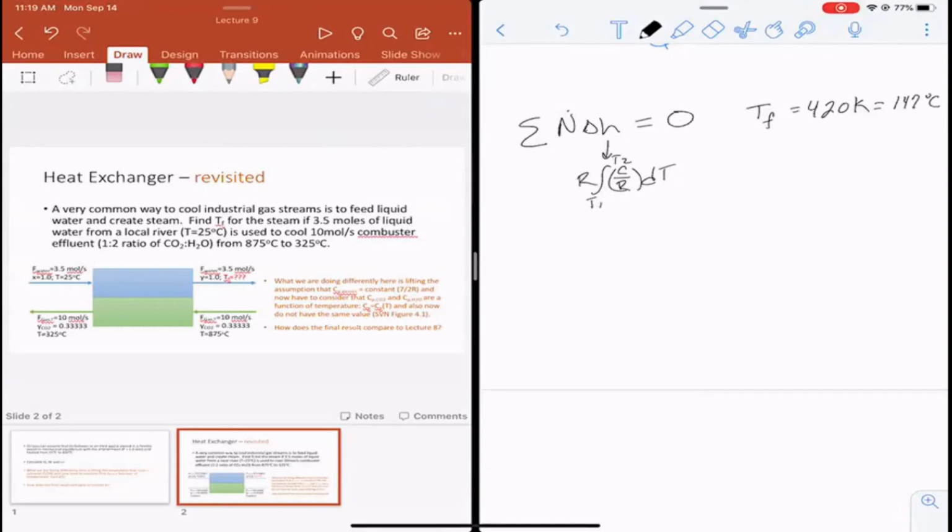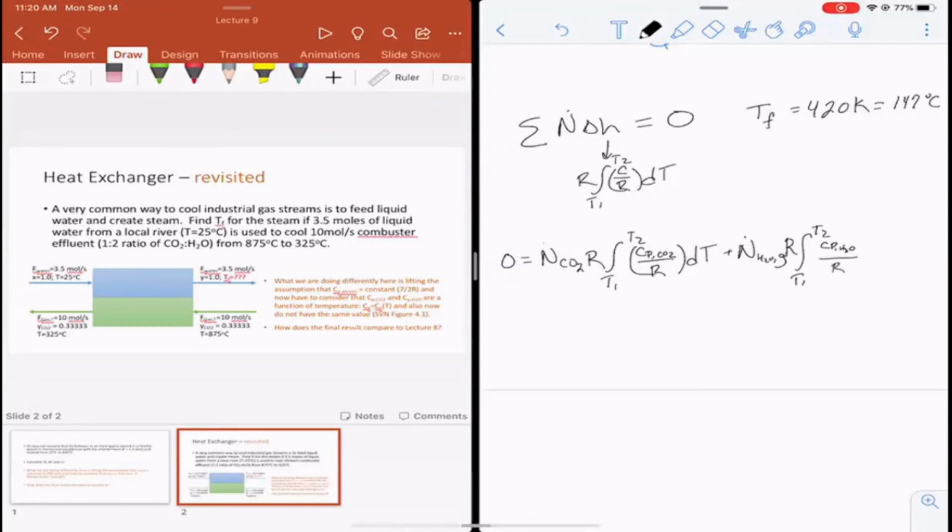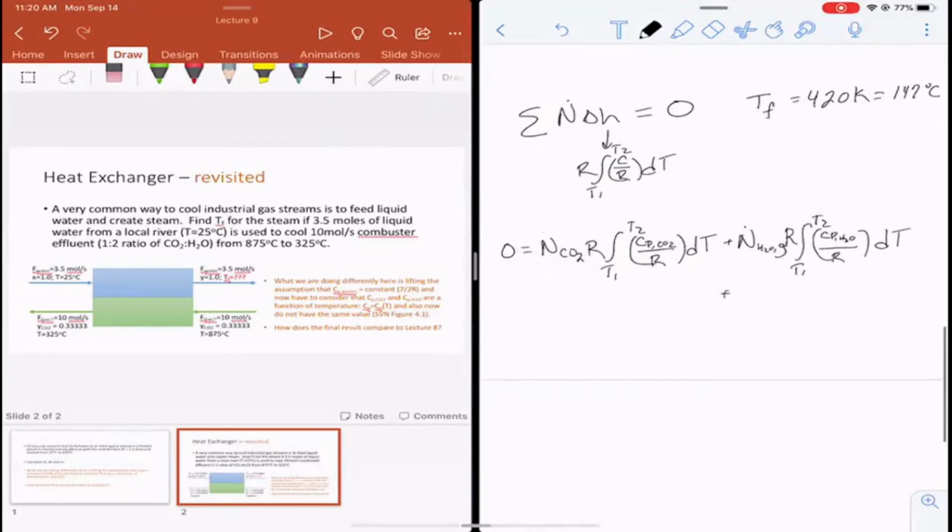So this becomes 0 equals the molar flow rate of CO2 times R times the integral from T1 to T2 of Cp CO2 over R dT, plus the molar flow rate of water in the green stream, times R times the integral from T1 to T2 of Cp for water, in the gas phase, over R dT, plus the molar flow rate of water in the blue stream.